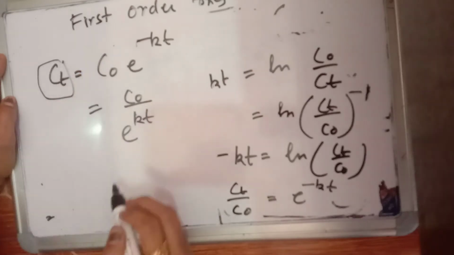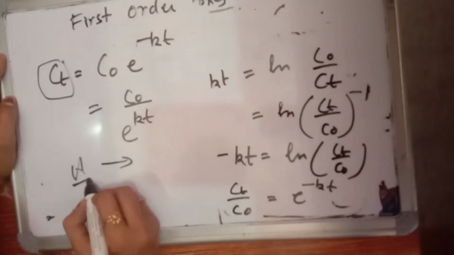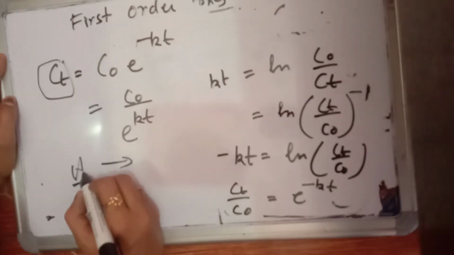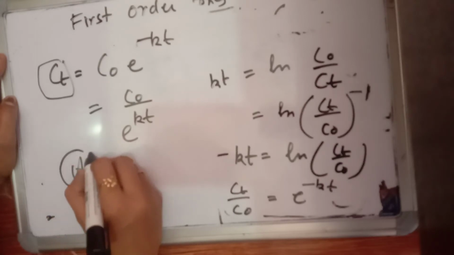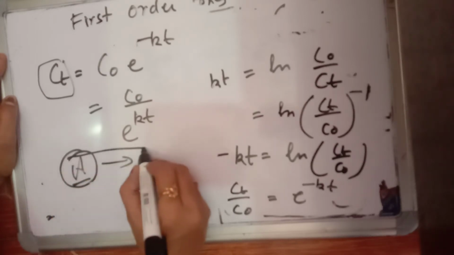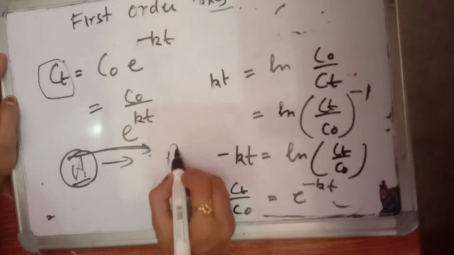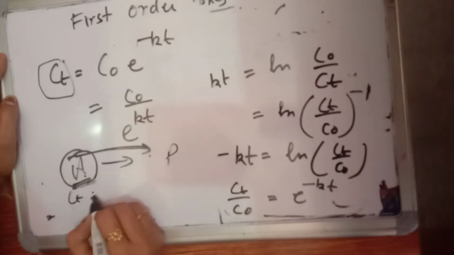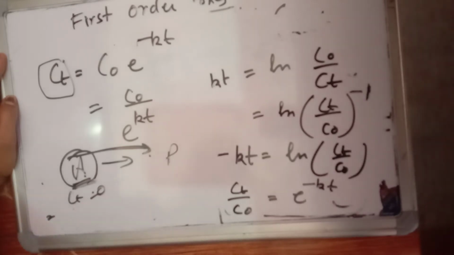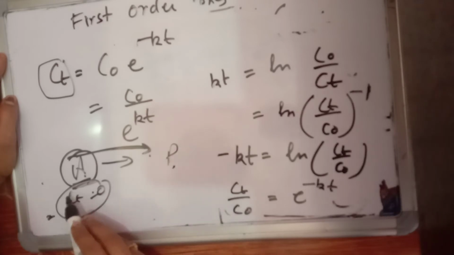See, Ct is concentration of reactant at time t. If we want it to be 0, that all of our reactant is converted to product, if we want to take it as Ct is equal to 0, means the reaction has taken place completely. All of the reactant has been converted to product. Ct is 0.